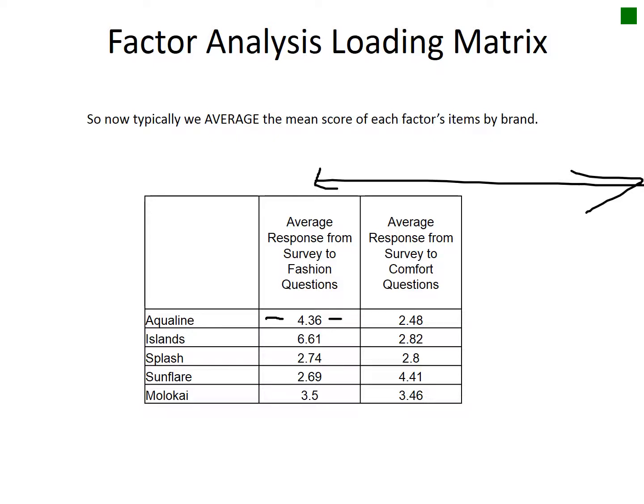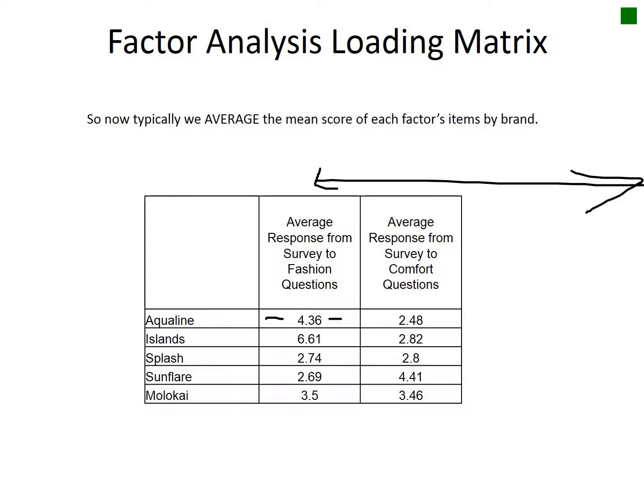We have 5 brands, and we have 2 scores for each one. So now, as you can see, when we go to do a perceptual map, an AR map, our attribute ratings map, we've reduced the data and got a much clearer, summarized picture of what this data is going to be telling us.